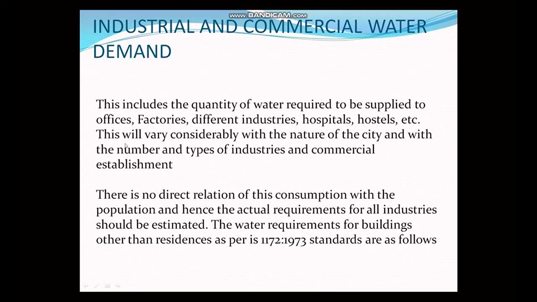This water demand will vary considerably with the nature of the city and with the number and types of industries and commercial establishments. But there is no direct relationship of the consumption with the population, and hence the actual requirements for all industries should be estimated. The water requirements for buildings other than residences as per IS 1172 of 1973 standards are as follows.